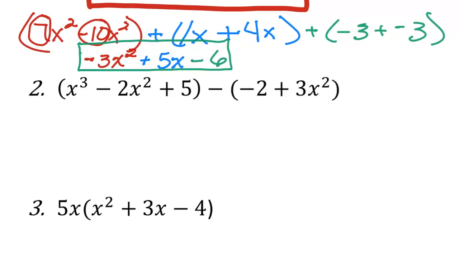We change everything to addition and take the opposite of that sign. So I'm going to change this to a positive, plus, and I'm going to take the opposite of all these. So this is not minus 2. It is now a positive 2. It is not plus 3x squared. It is a minus 3x squared.